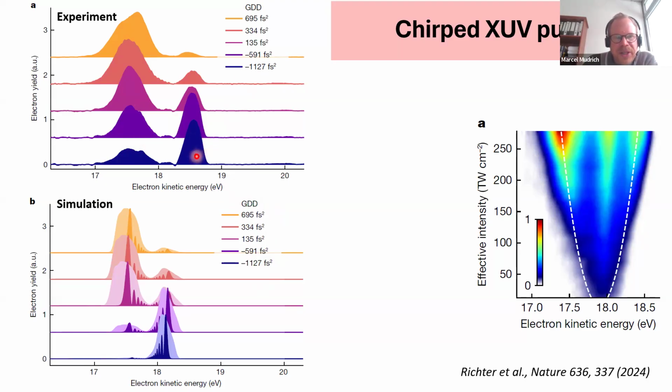Yeah, so for one chirp, the right peak was stronger, so there was more population in this right state, and for an up chirp, the other state was more highly populated. And this basically shows that we have very fine control of the pulse properties in this HGHG scheme, up to exactly controlling the chirp in the extreme ultraviolet range.